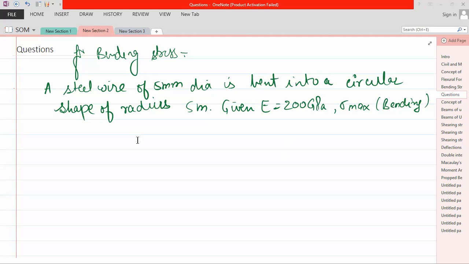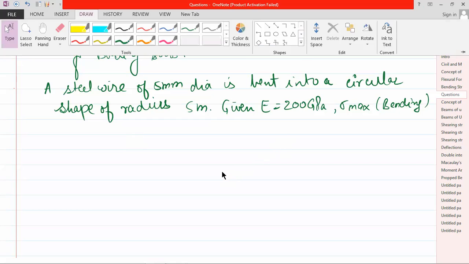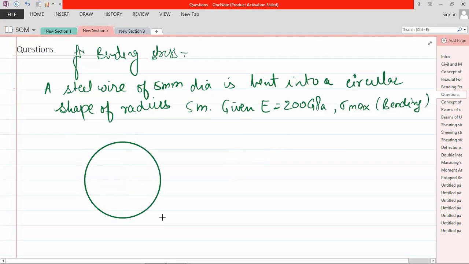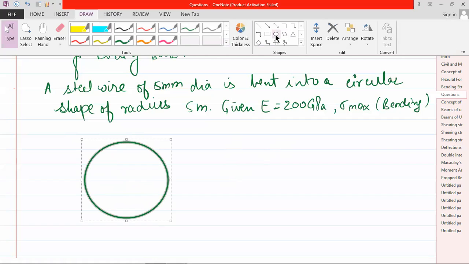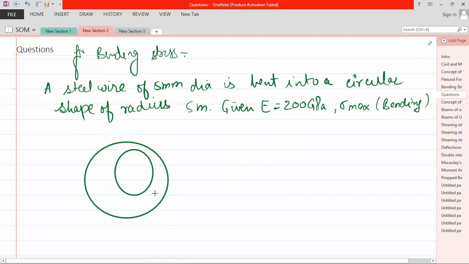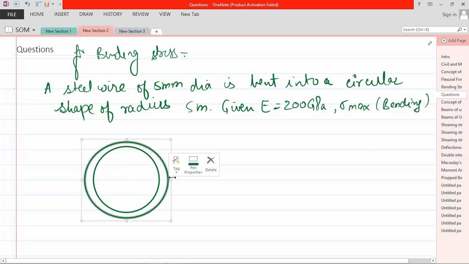So it is given that a wire is bent in the form of a circle.